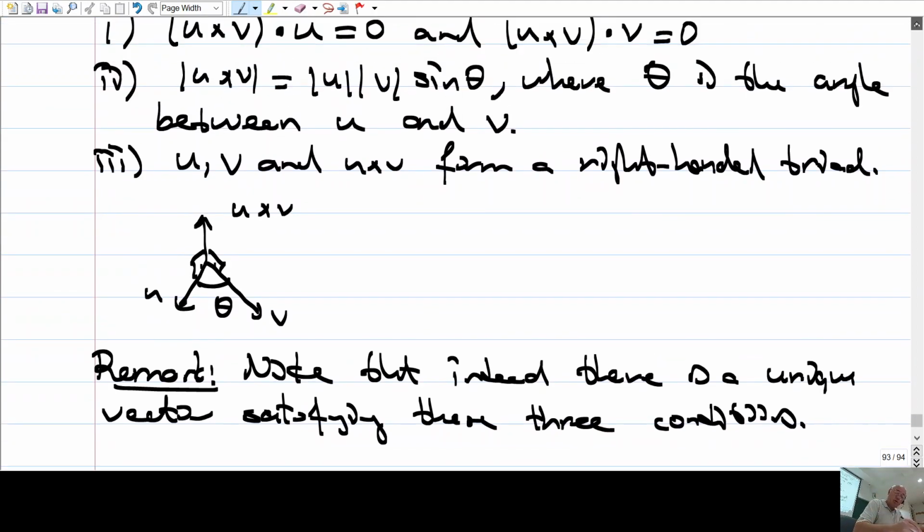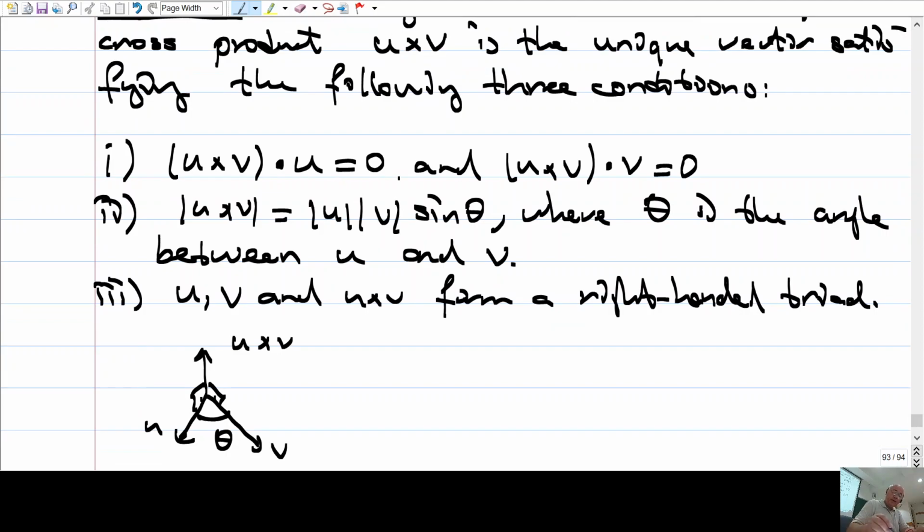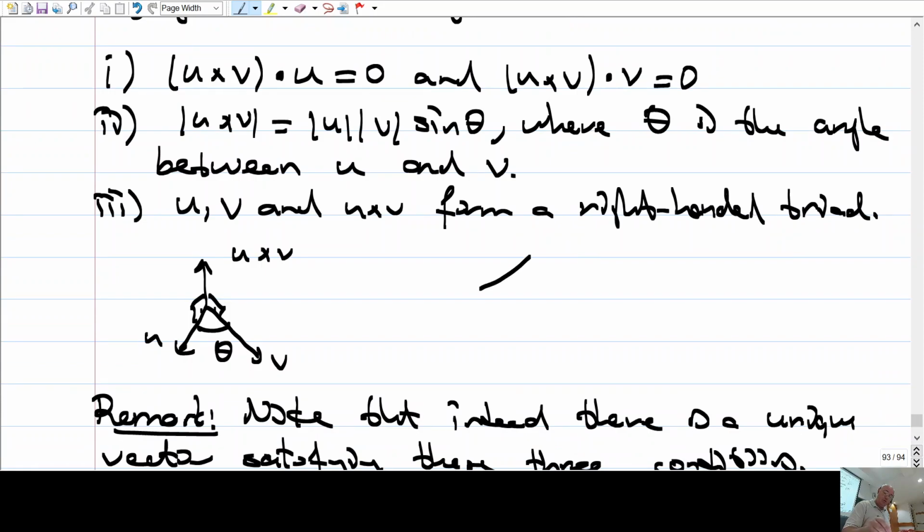What do these conditions say? First, u cross v is perpendicular to both u and v. So u is like this, let's say, v is like this. Therefore, u cross v is perpendicular to the plane generated by these two vectors, right? These two vectors determine a plane, and u cross v is perpendicular to this plane.